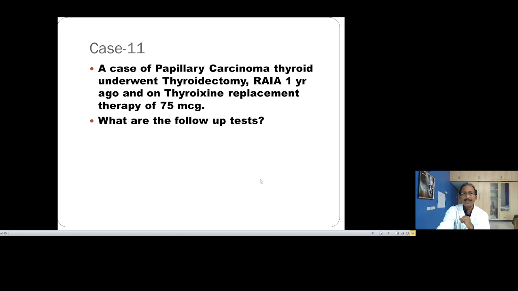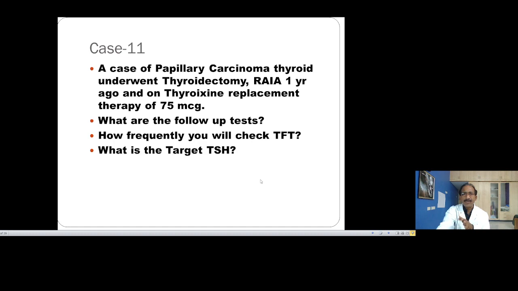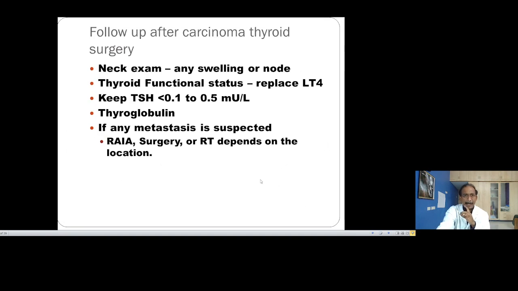The next case: a case of papillary carcinoma underwent total thyroidectomy and radioactive iodine 1 year ago, and was replaced with T4. How frequently will you follow up? Every time the patient returns to you after thyroidectomy, with post-thyroidectomy hypothyroidism, examine the neck for swelling or node, and check thyroid function. Replace the LT4 with a target TSH of 0.1 to 0.5, very strict.